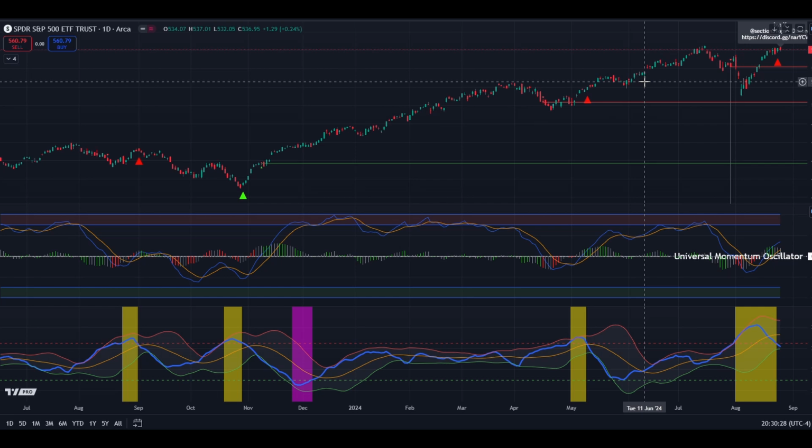And so one of the ways to try to figure out where that directional bias is coming from is to look at where the momentum and trend is at the time, and that is where the concept of the MACD comes in.